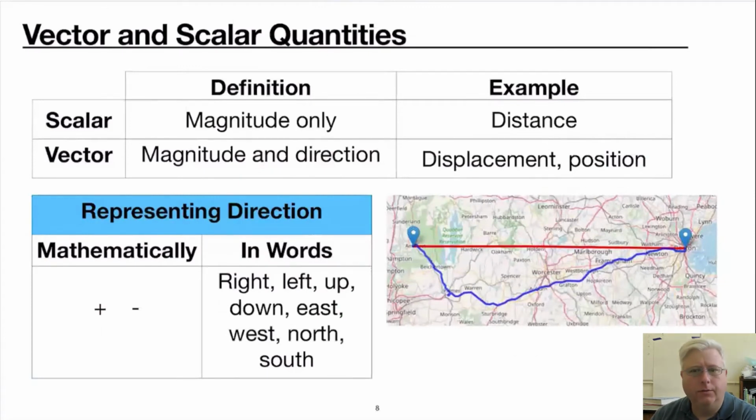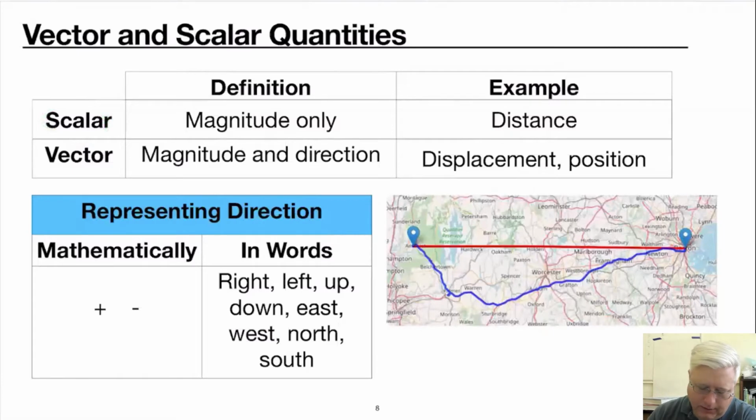All right, so to understand the difference between things like distance, displacement, position, or average speed, average velocity, we need to understand two special quantities called vector quantities and scalar quantities. You've probably heard the term vector before, but a scalar quantity only has a magnitude. That is, it has an amount.